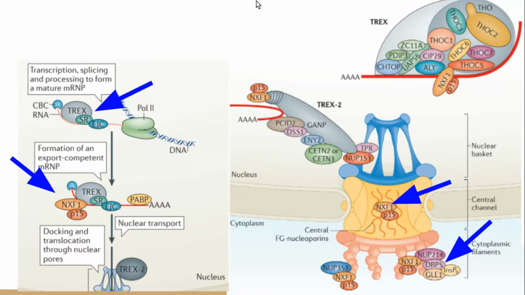NXF1 bound mRNA diffuses through the nucleoplasm, and eventually it encounters a hydrophobic FG repeat inside the nuclear pore. Inside the nuclear pore, these NXF1 mRNA complexes are recognized by the DBP5 helicase that pulls the mRNA through the pore and basically releases the mRNA into the cytoplasm.